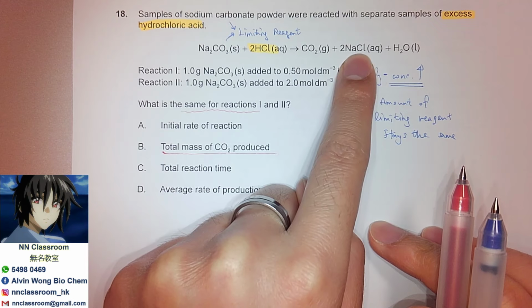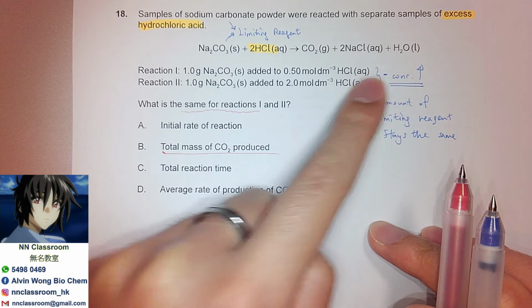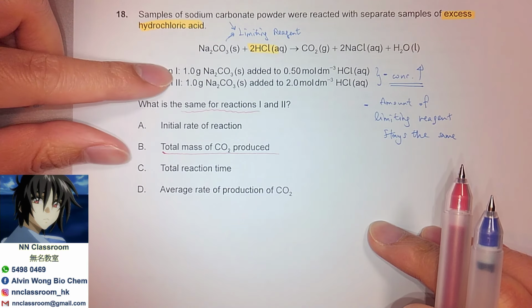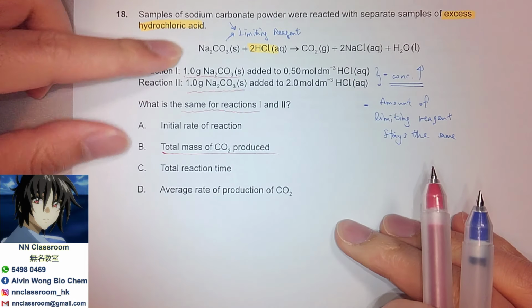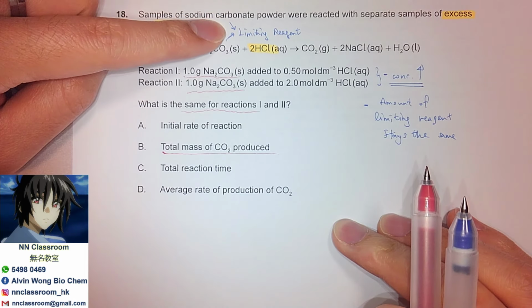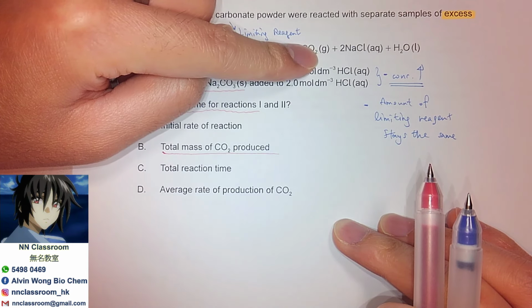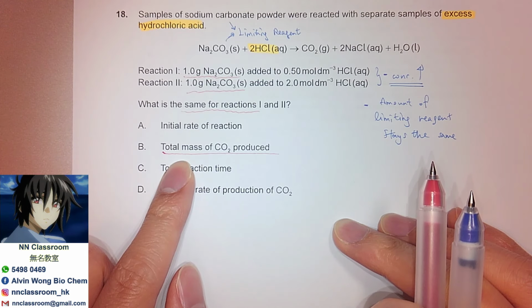Even if you're asking about sodium chloride or water, all the amounts are subject to the moles of the limiting reagent that you plug in. As we have the same mass of sodium carbonate, the limiting reagent to start with, the moles of the limiting reagent are constant, so the moles of the product will be constant, so everything about the product stays constant.